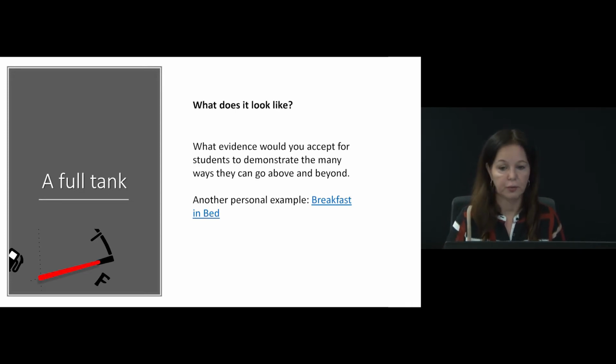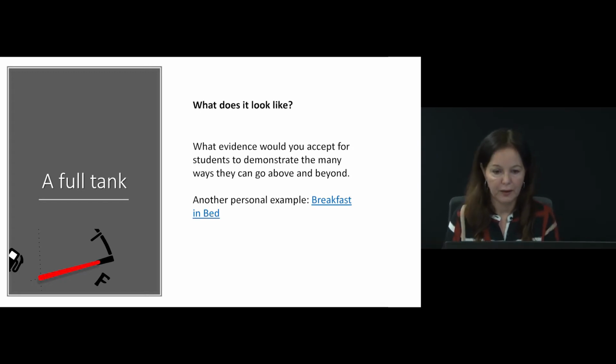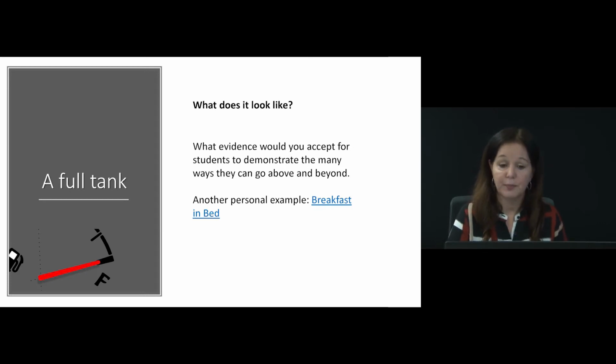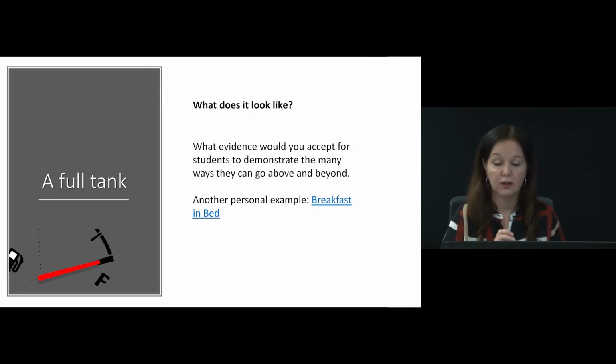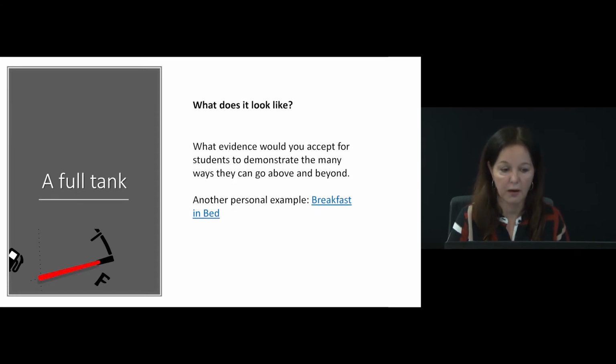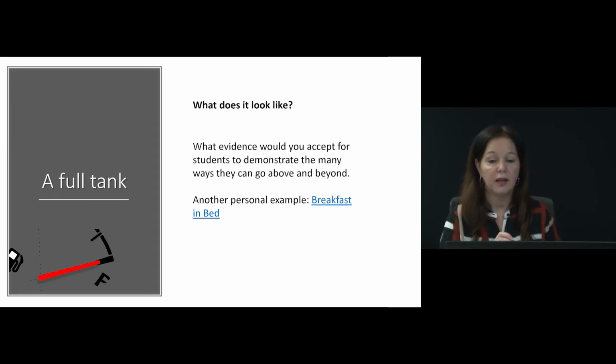There's another kind of rubric called the single point rubric, but before I go there: when you write your mastery column on your rubric, you specify the evidence that you will accept to show that your students have gone above and beyond.